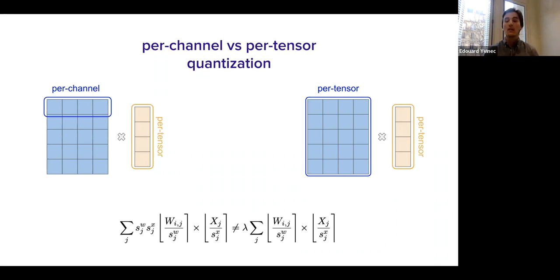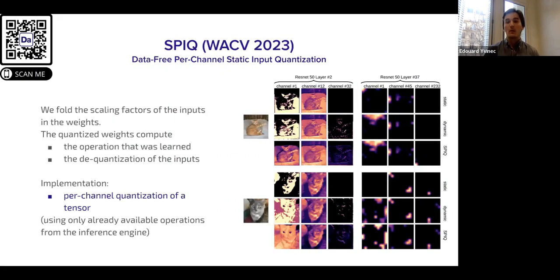The issue is that for the hardware to efficiently leverage this per channel quantization, you want to have one scaling factor per scalar product. So that's the right-hand side of the equation. To put it in simpler words, the idea here is that on the left is what you get when you want to have a very tight fit to the original distribution, and on the right is what's fully leveraged by the hardware.